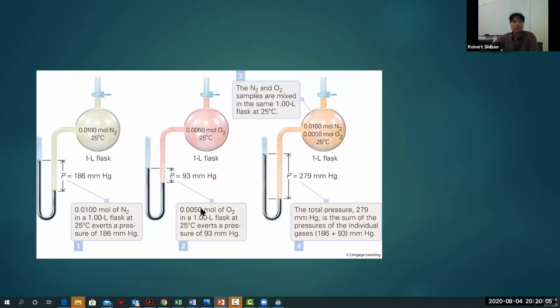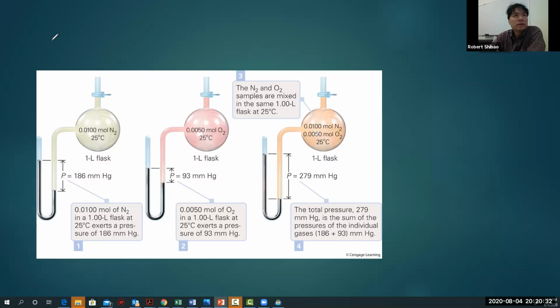Here's an example of a gas mixture. And so we talk about gas mixtures. This is kind of a poor example of a Dalton's mixture. They're trying to visualize this as a Dalton's mixture. The problem with this is that for Dalton's mixture, the volume has to be fixed.